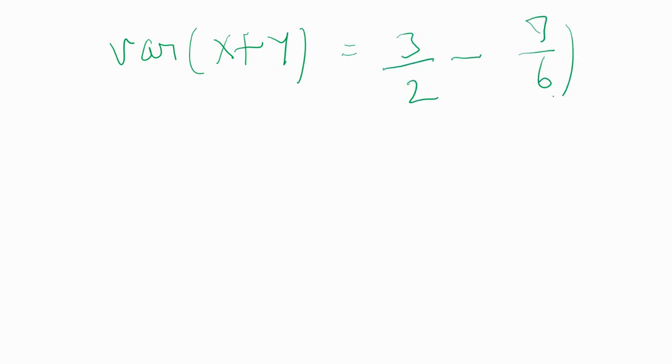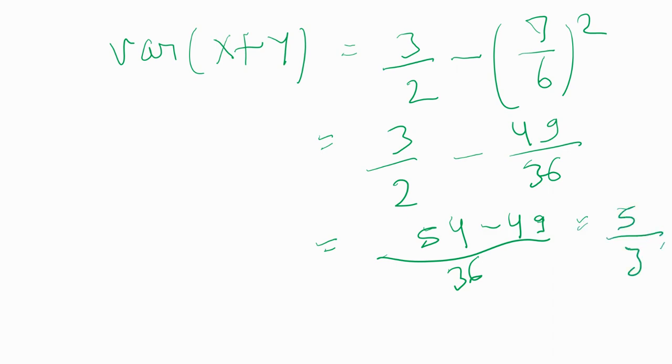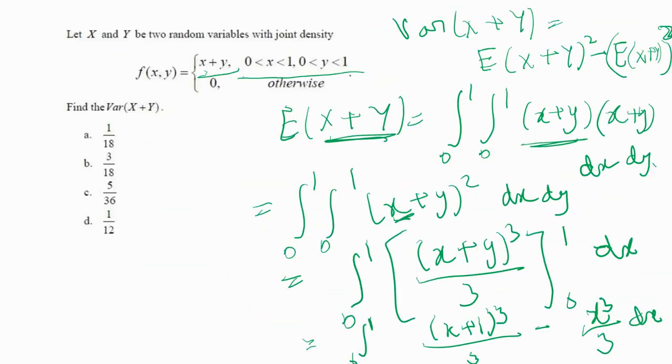So the variance of x plus y will be 3 by 2 minus 7 by 6 whole square, which is 3 by 2 minus 49 by 36. So 36, 18, 54 minus 49, that gives 5 by 36. So 5 by 36 will be the answer.